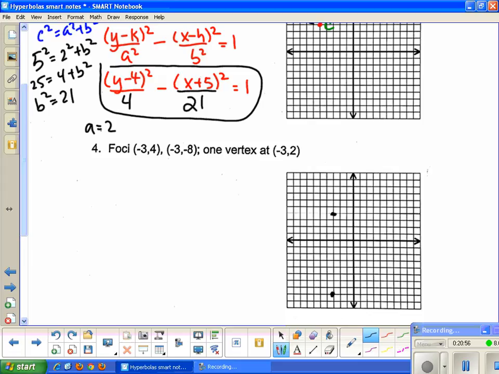And then, I'm going to put F there for focal point. And then it gives us that the vertex is at -3, 2 here.